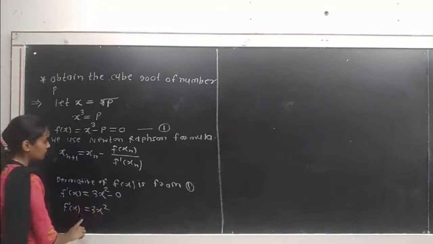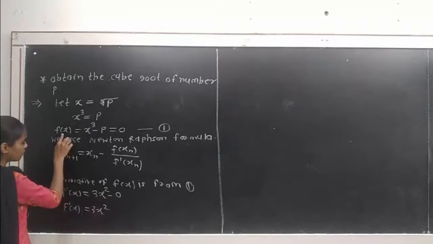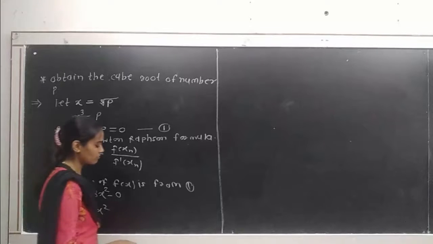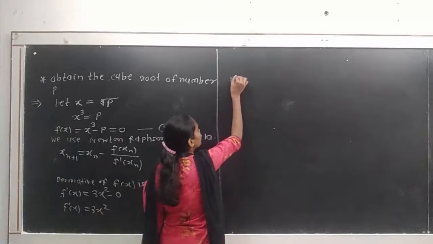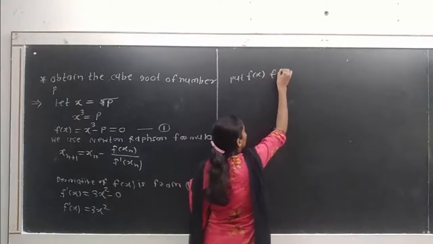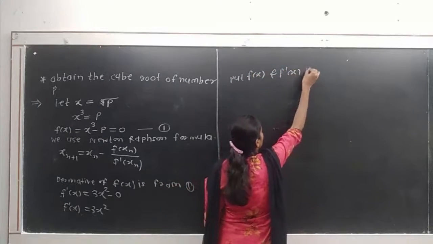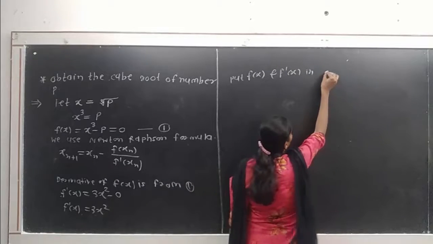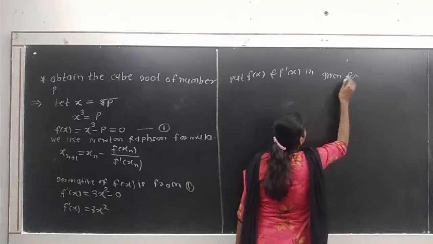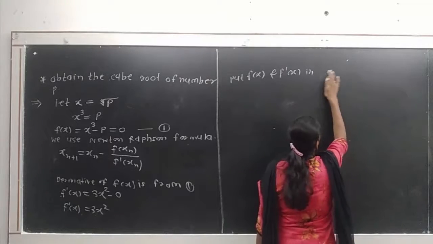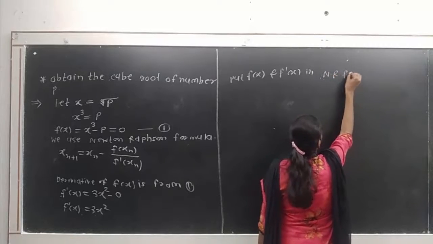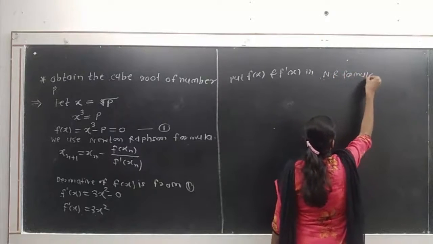Then we put the values of f of x and f dash of x in the NR formula, that is the Newton-Raphson formula.